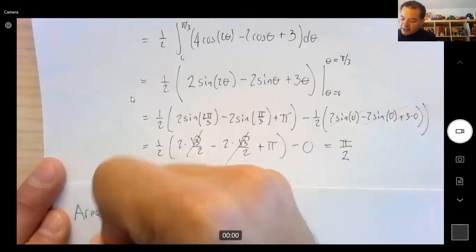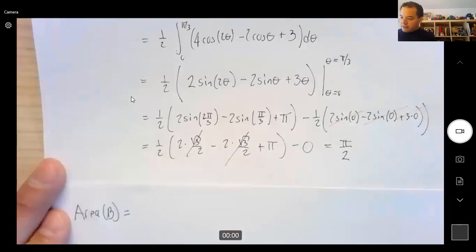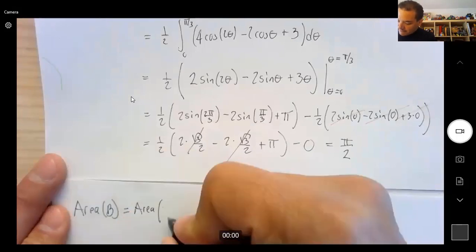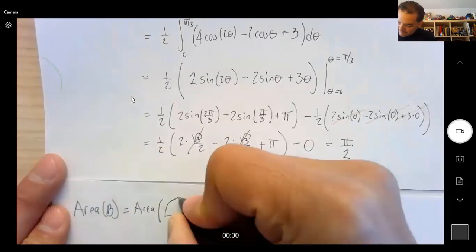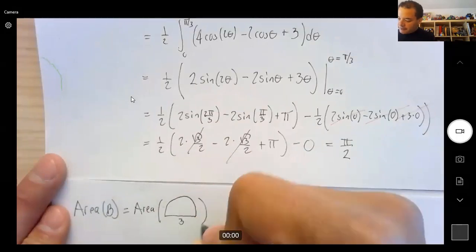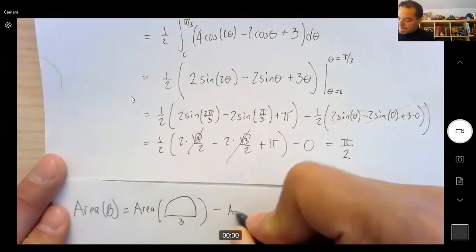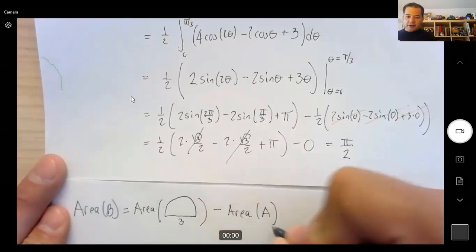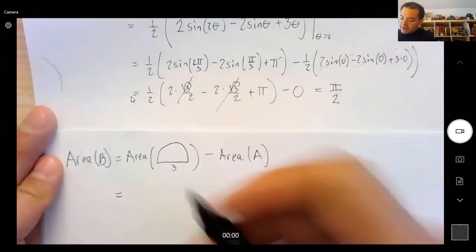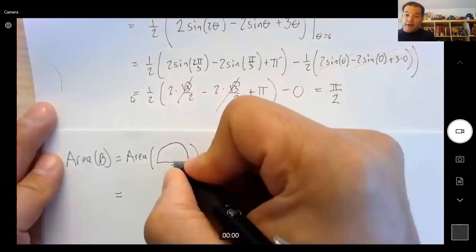So the area of B should be simply the area of the semicircle. Remember that the diameter is 3, minus the area of A, right? And what is the area of a semicircle? Well, the area of a circle is pi r squared, right?